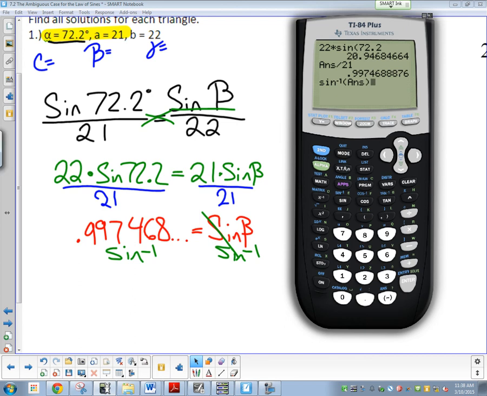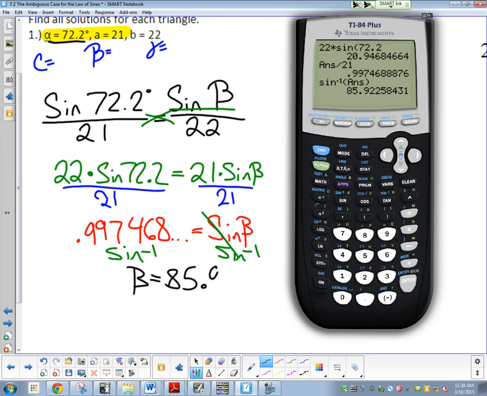Instead of having to retype that decimal, it does it for me. And then I hit enter. That's what beta is. Beta is equal to 85.9 degrees. It's an angle, so we go to 1 decimal. That is my beta for this problem.